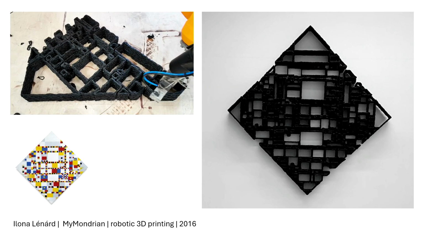Again, all scales, art production. Ilona looked at the unfinished Boogie Woogie and said, okay, I can finish this using other technologies in another way, using 3D printing and using the colors to give different depths to that relief. So that made this very interesting piece here.